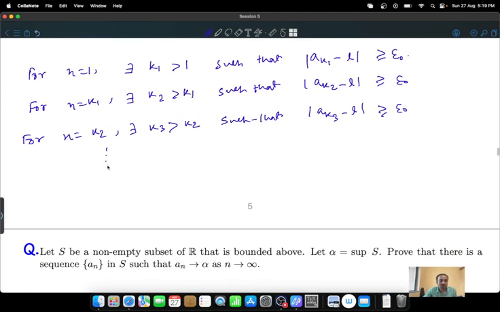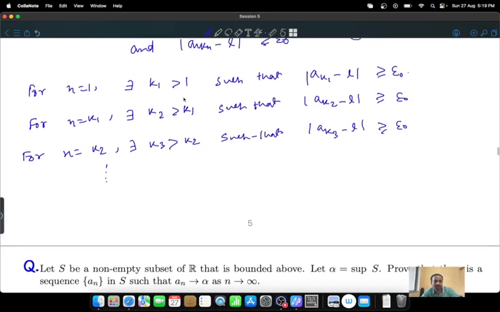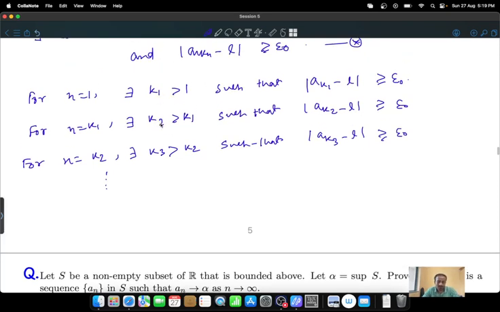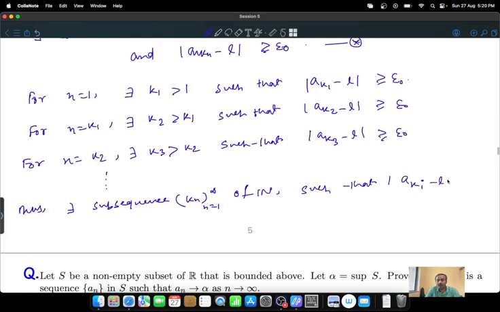So in particular, now this becomes a subsequence. k_2 is bigger than k_1, k_3 is bigger than k_2. Thus, writing in one line, there exists a subsequence (a_{k_i}), i from 1 to infinity, such that mod of a_{k_i} minus l is greater than or equal to epsilon naught, and this is true for all i greater than or equal to 1, right?